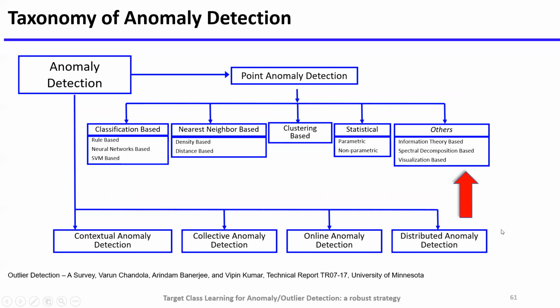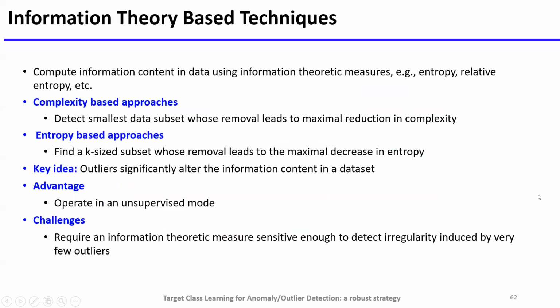There can be some other techniques which can be useful for the point anomaly detection methods. For example, entropy based approaches. Suppose we have certain experience that any information with respect to a particular context is useful, and the term can be represented with the help of the entropy.